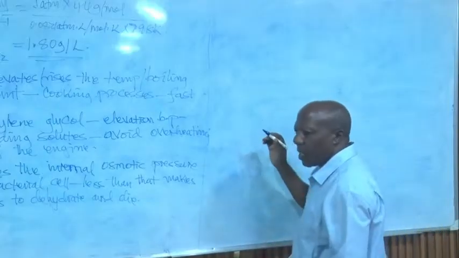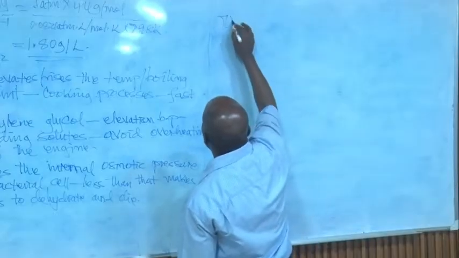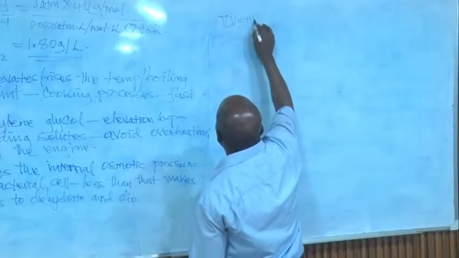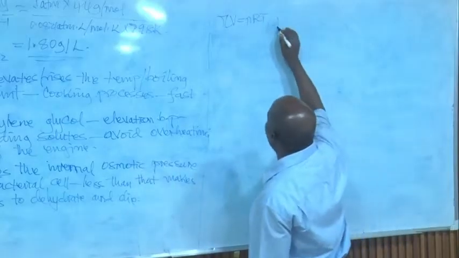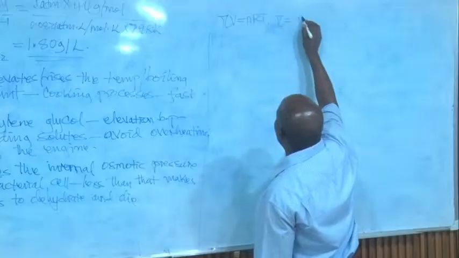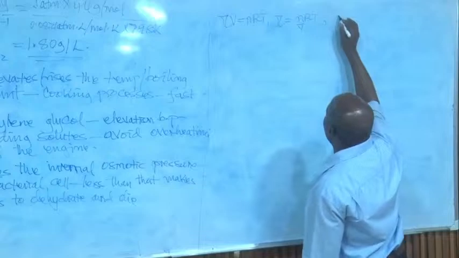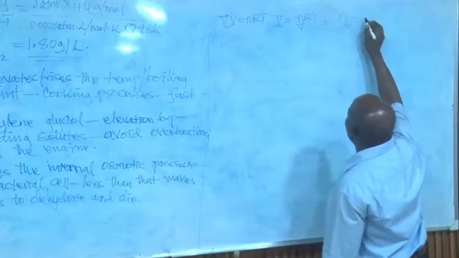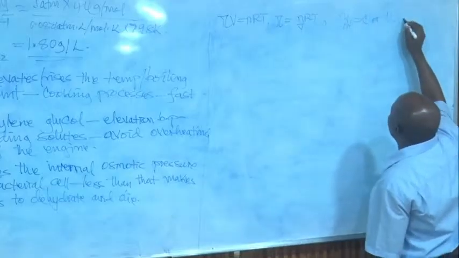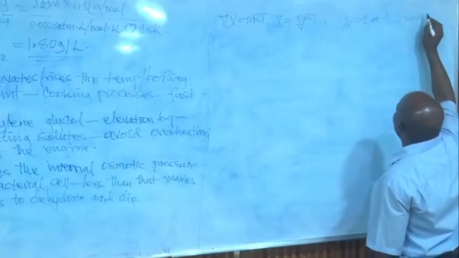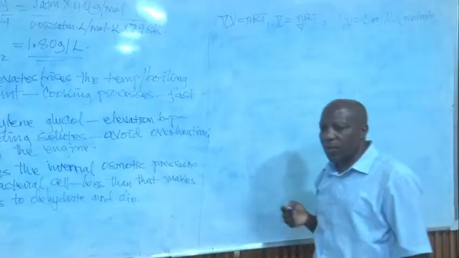Now, according to the general equation of osmotic pressure, pi V is equal to nRT. Or pi is equal to nRT over V, where n over V is equal to concentration, the molarity of that particular solution.